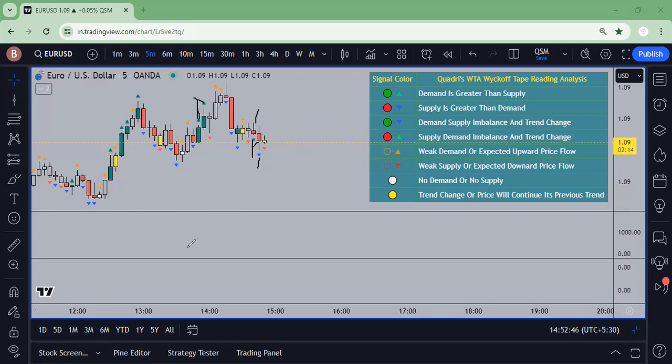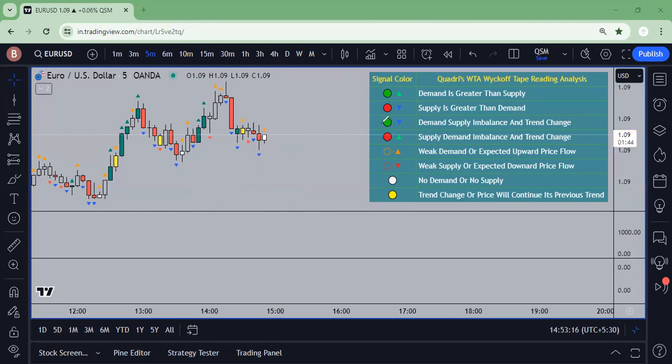So there is one simple thing. If demand is greater than supply, we can expect price appreciation, and if supply is greater than demand, we can expect price depreciation. Means we can expect price rise and price fall. Simple.